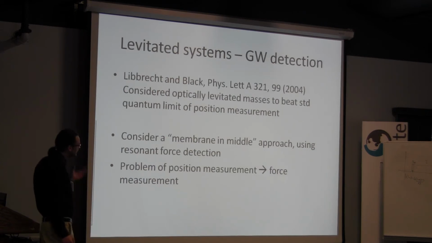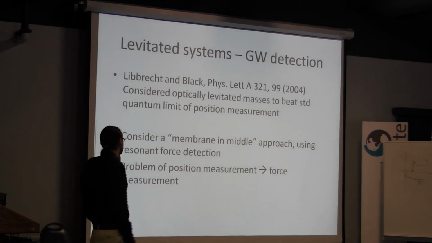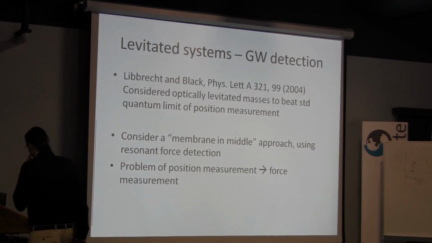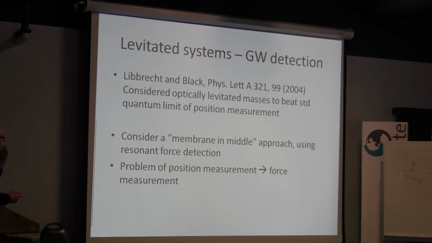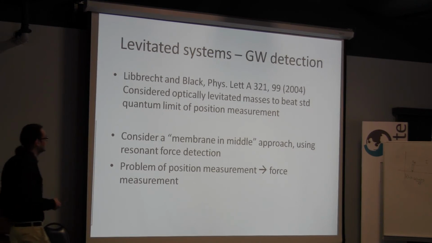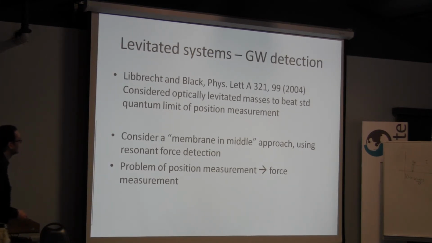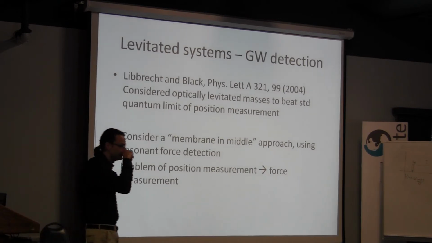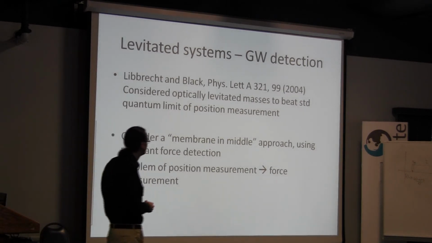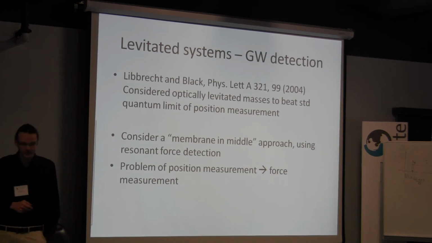So what can levitated systems do for gravitation? Well, I should mention that people have been thinking a little bit about this even many years before this mechanics community really started to take off. Ken LeBrecq and Eric Black had an idea where they were looking at optically levitated masses back in 2004, as a way of beating the standard quantum limit on position measurement.